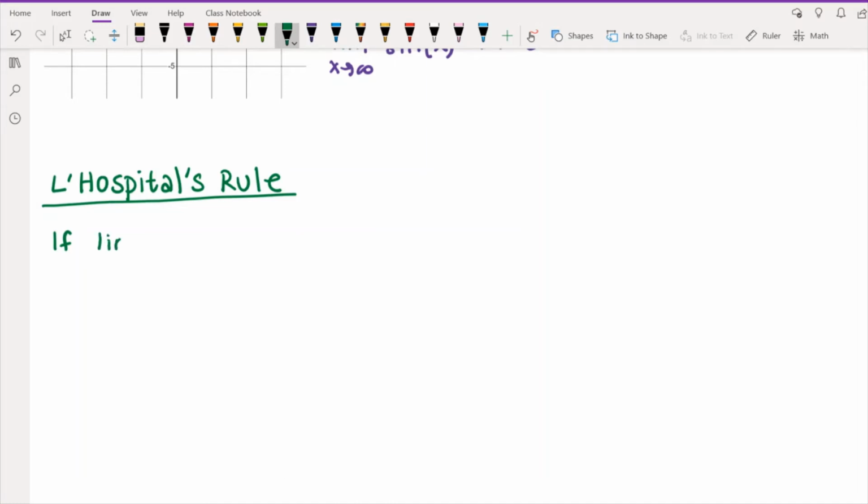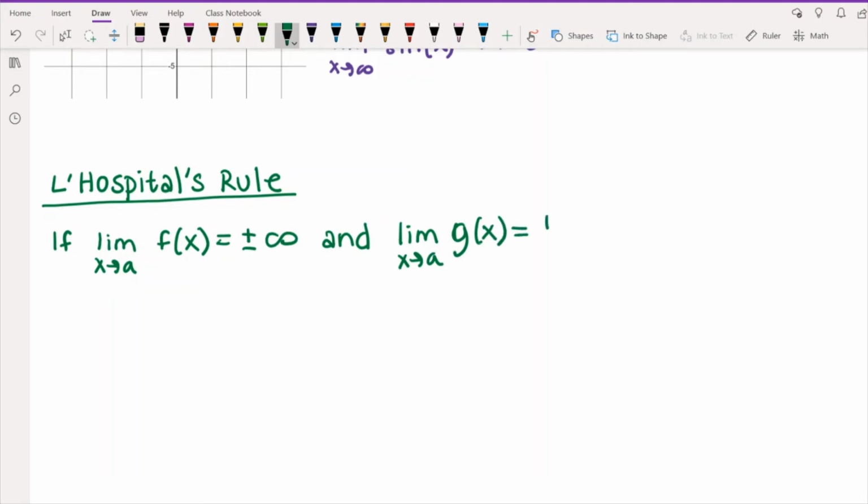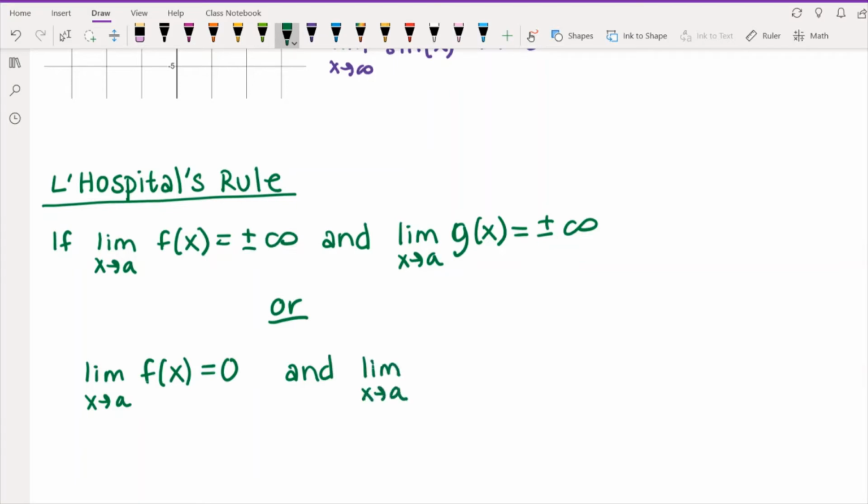Suppose the limit as x approaches a, where a could be positive or negative infinity or just a number, of the numerator f of x is equal to positive or negative infinity, and the limit as x approaches a of the denominator, which I'll call g of x, is also equal to plus or minus infinity, or the limit as x approaches a of the numerator is equal to 0 and the limit as x approaches a of g of x is equal to 0.